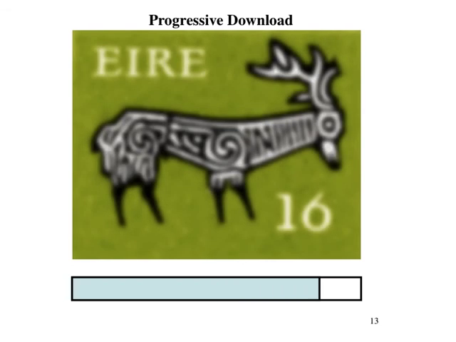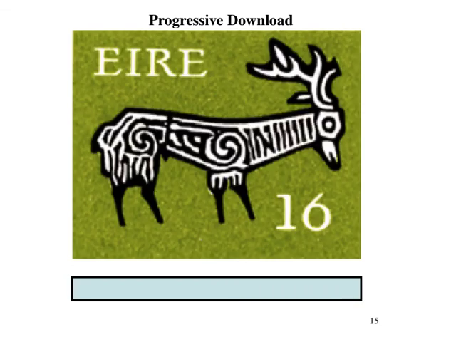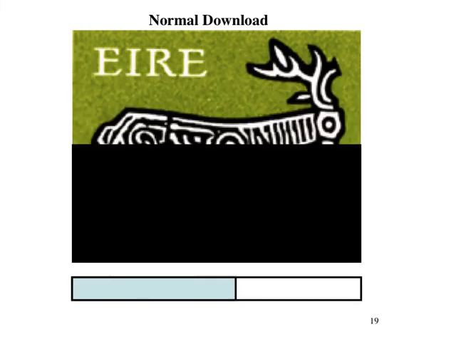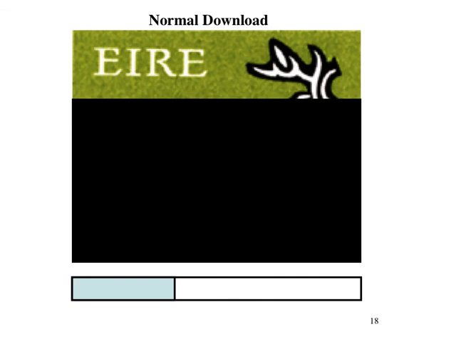So at the halfway point you saw something like this, and eventually you got the full image. So that's a progressive download. Whereas with a regular download, at the halfway point you can fully see half of it. Now it doesn't get there any quicker, but somehow this felt quicker.